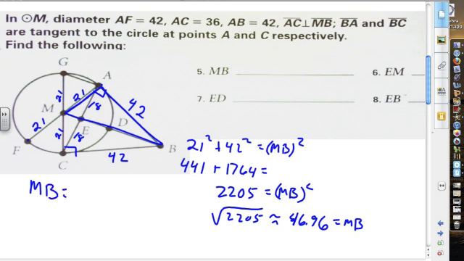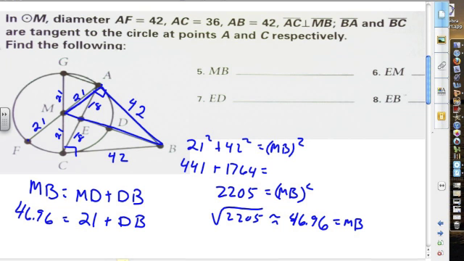Because MB equals MD plus dB. Do I know MD? You betcha. Do I know MB? Yes, that's our 46.96. Do I know MD? Well, yeah, that is a radius of the circle, so that's going to be 21. So now I'm just looking for dB. Can I figure it out?